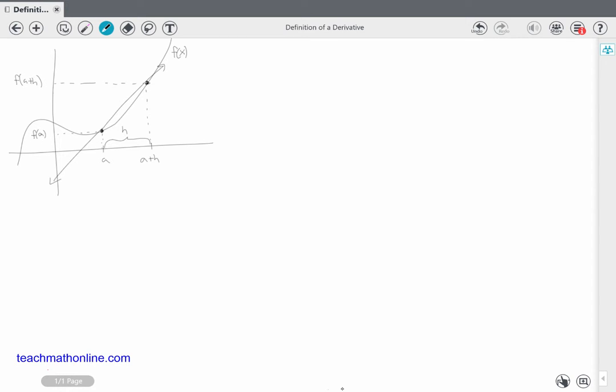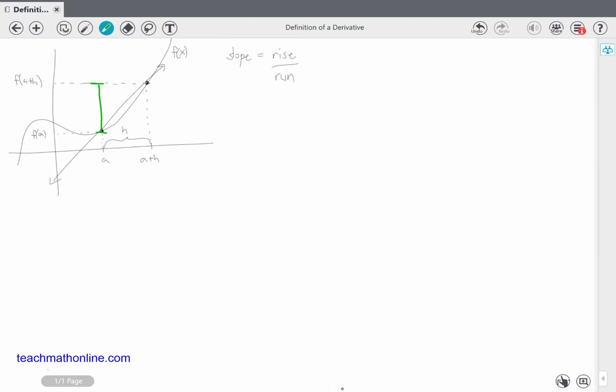So we know that the slope of a line is the rise over the run. If we wanted to find the rise, that's this distance right here.